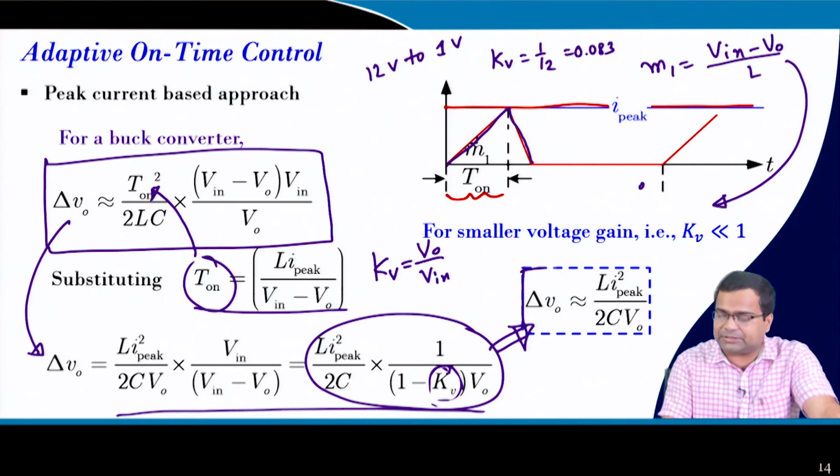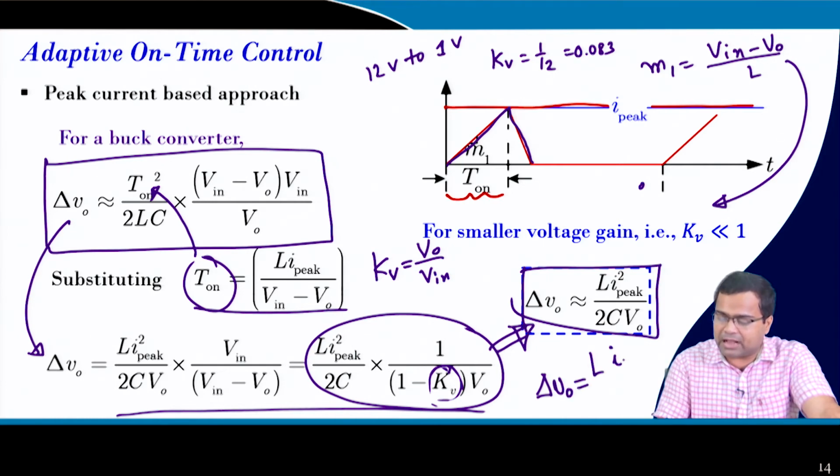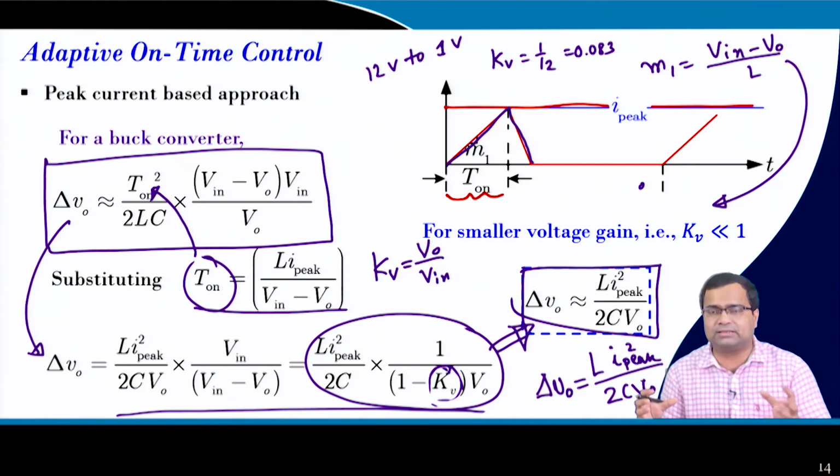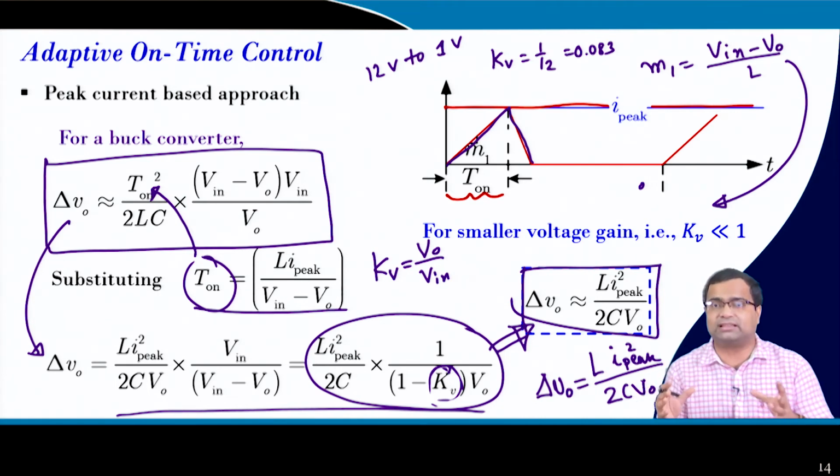You see this expression shows that delta V0 is L I peak square by 2C V0. So, it is independent of input voltage and independent of load current, that means it takes the benefit of both.